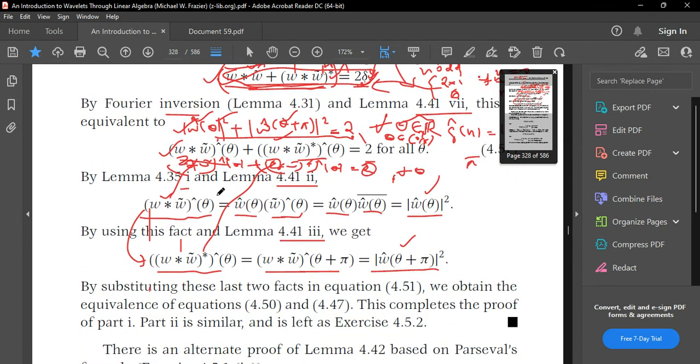What is this left hand side quantity? This z star w tilde cap of theta is equal to z cap of theta into w tilde cap of theta, which is z cap of theta into w cap of theta conjugate.